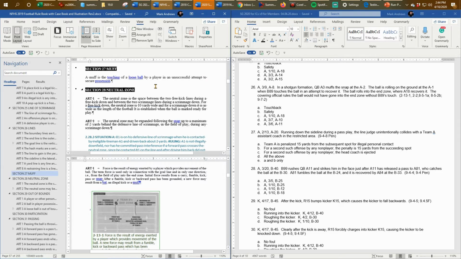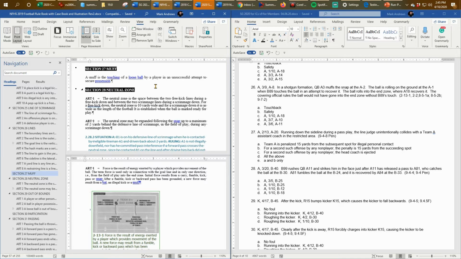So a muff could also be on a kick where the receiver touches it, but it goes right through his hands. He doesn't possess it. That's considered a muff as well. This type of touching would be considered a muff.